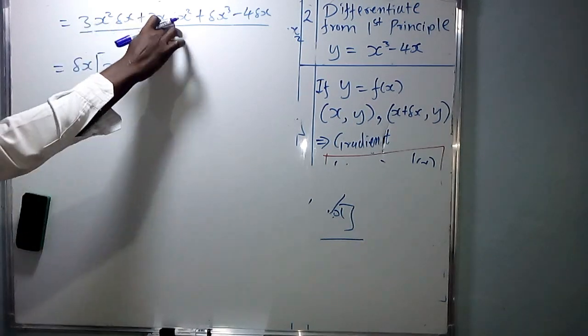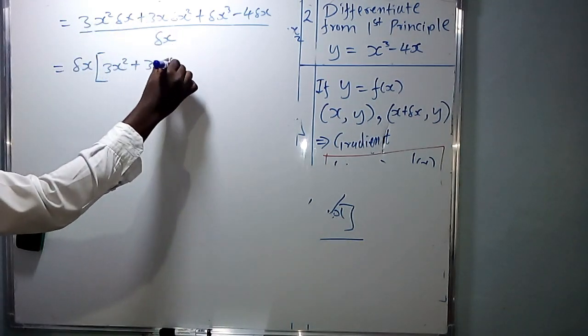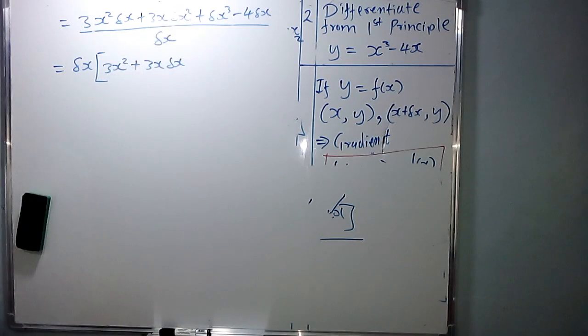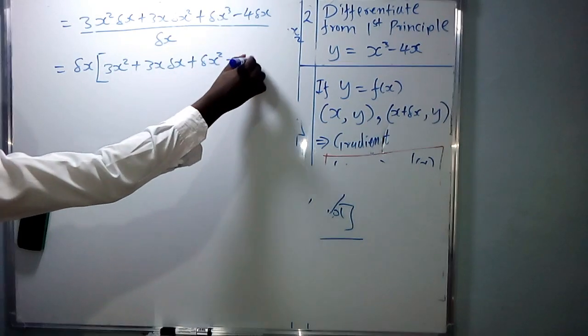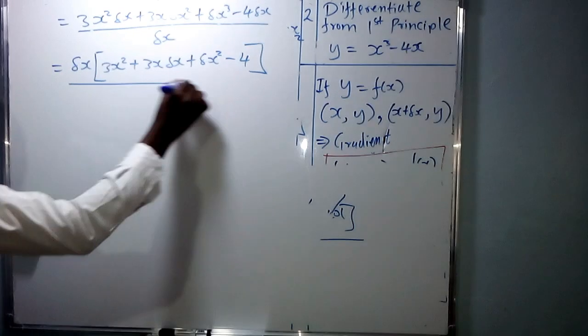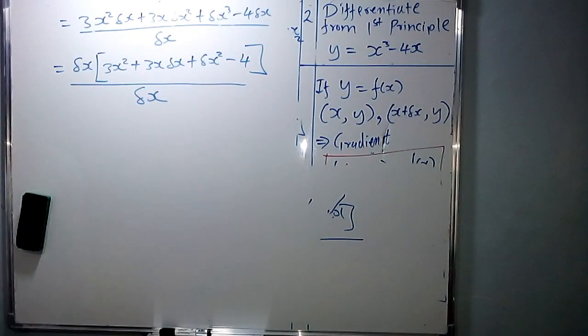Then plus, here you remain with 3x change in x. You remove one change in x outside. Here you remain with change in x squared. Then minus 4. We factorize change in x outside, meaning we remove change in x in each.